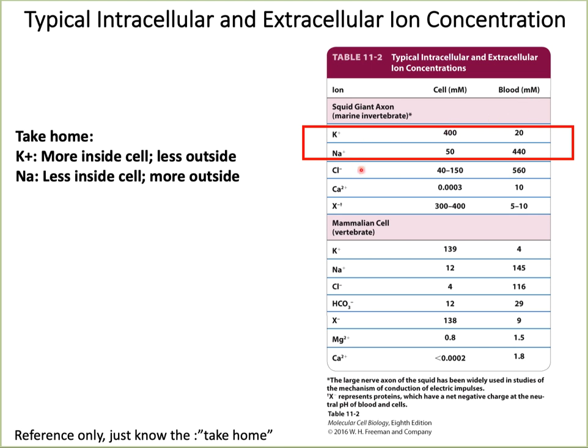In contrast, the sodium concentration is about 8 to 12 times lower in the cytosol than in the extracellular fluid or blood. So, as your take home message, please remember that potassium concentration is high and sodium concentration is always low inside the cell or cytosol, and the reverse in the extracellular space.